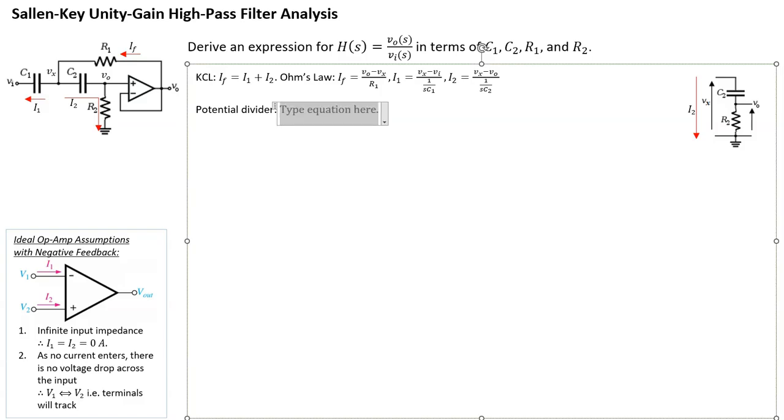Well, your typical potential divider equation: you'll say Vo is equal to Vx, so that's the voltage across both components, multiplied by the component that is across Vo, sorry, capital R2, divided by the impedance of C2, so it's going to be 1 over SC2 plus R2.